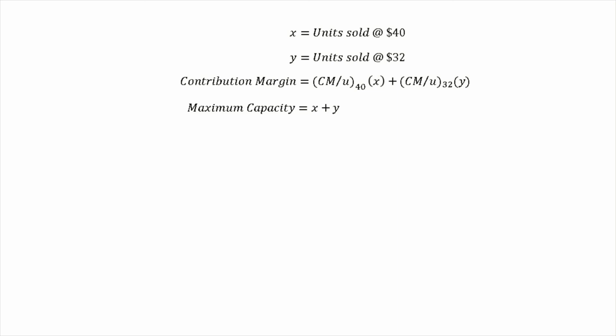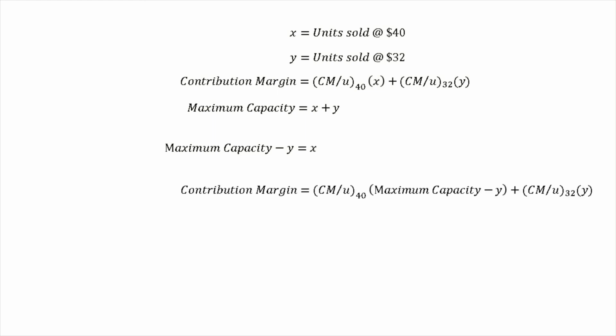And our formula for our maximum capacity is X plus Y. If we isolate X by deducting Y from both sides, we get X is equal to maximum capacity minus Y. We're going to substitute that into the X term in the contribution margin formula, and we will get contribution margin equals contribution margin per unit at $40 multiplied by the maximum capacity minus Y, plus the contribution margin per unit at $32 multiplied by the units sold at $32.